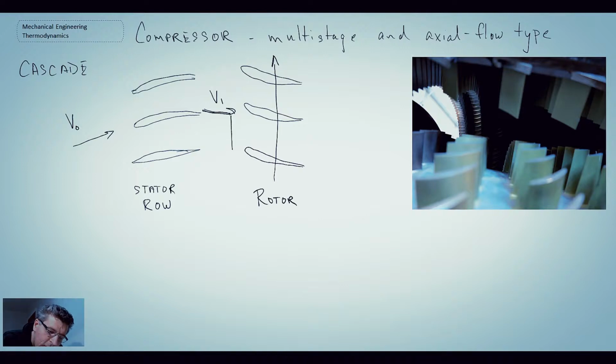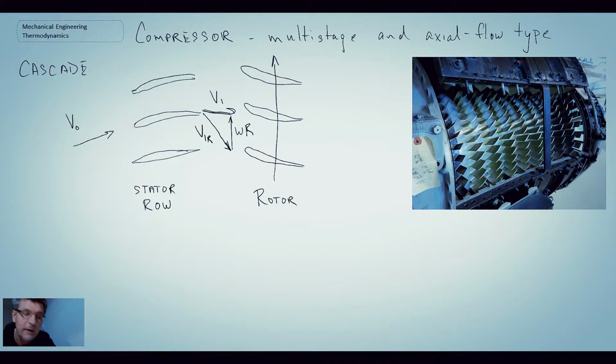And then we superimpose the velocity of the rotor, which would be omega, the rotational rate, times the radius. That would give us a relative velocity. If you take a course in turbomachinery, you'll draw a lot of these different vector diagrams as you look at each stage of the process.